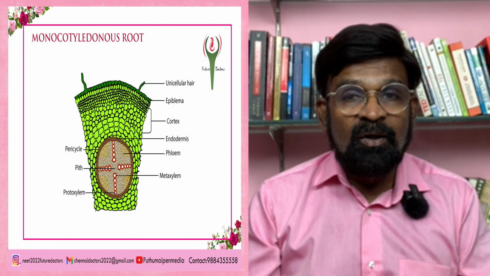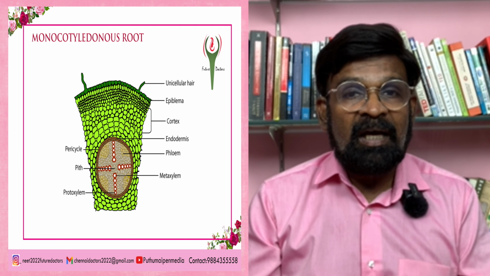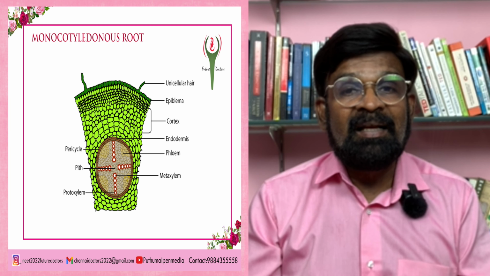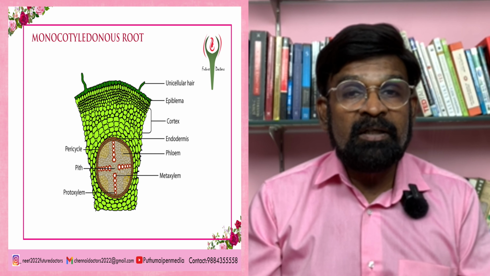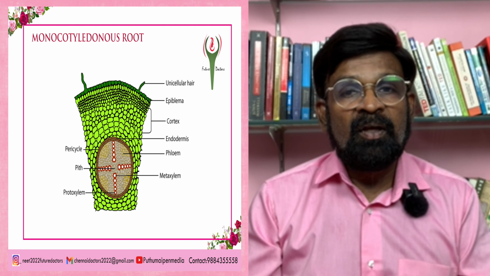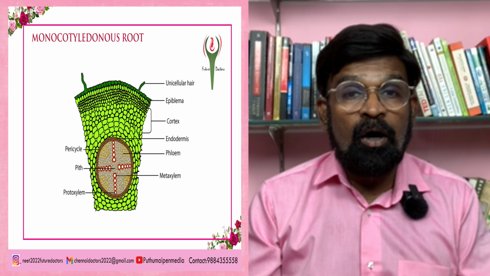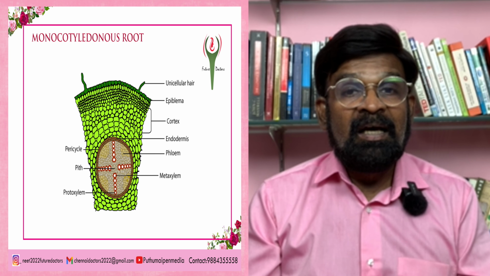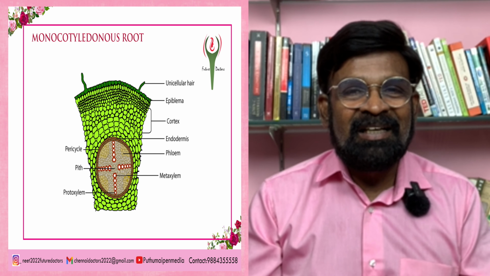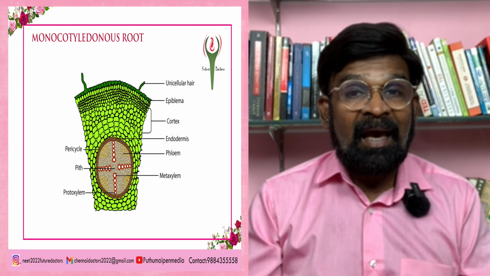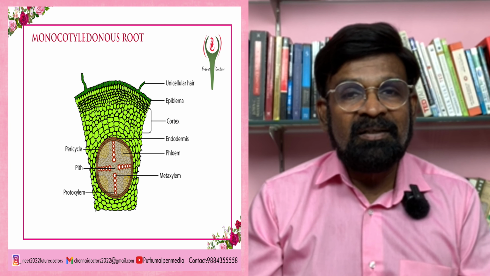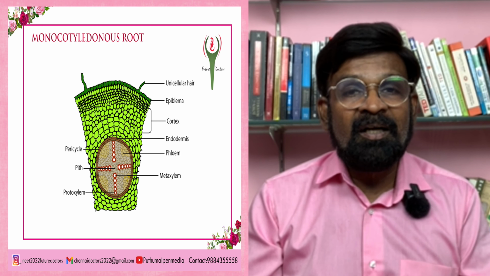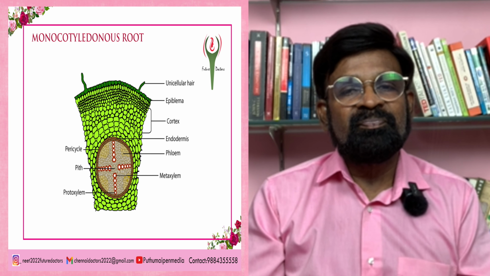The young endodermal cells possess an internal strip of suberin and lignin which is known as the Casparian strip. Endodermal cells lying opposite the protoxylem group, however, remain in the primary stage without the Casparian strip. These unthickened cells are called passage or transfusion cells.